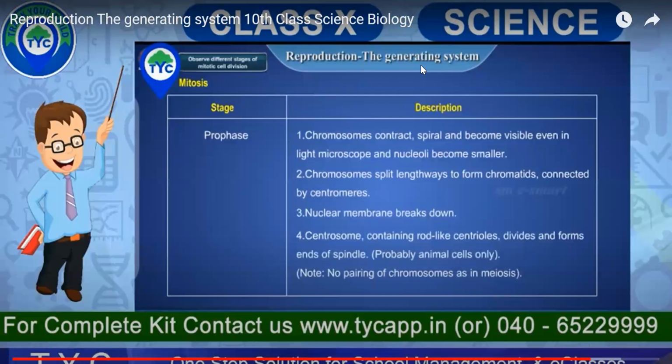Are the daughter cells from one cell multiplying or reducing there? Multiplying, ma'am. Yes, because when it is growing, it has to multiply. And in meiotic division, what is happening?